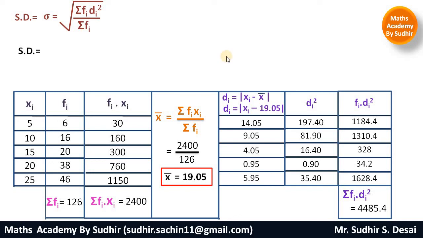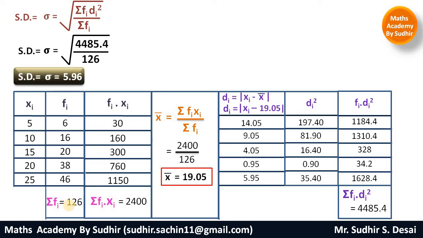Okay, let's put the values. SD, sigma, is equal to, what is the sum of fi di square? 4485.4 divided by the sum of fi, 126, in the square root. Do not forget to take the square root of this value. So standard deviation will be 5.96.